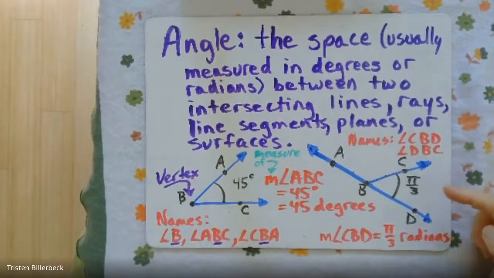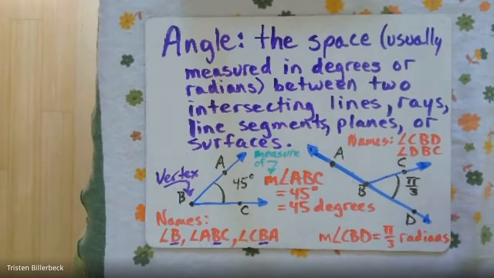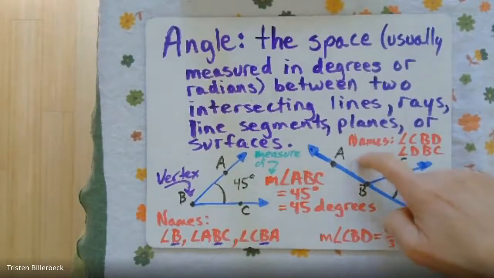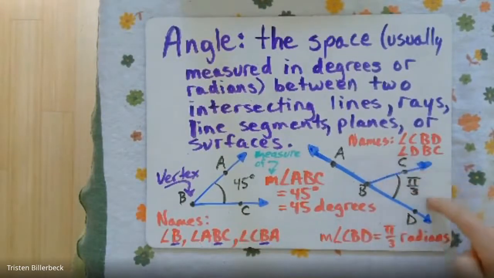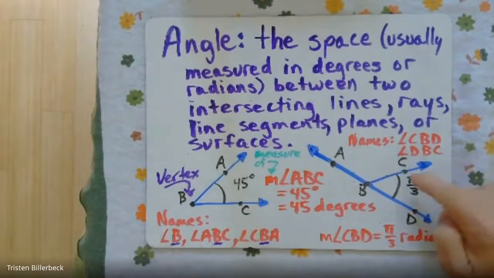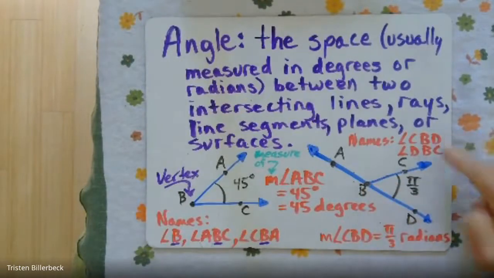For instance, if we had this angle here that we're looking at, we can't name it angle B, because angle B could be here or it could be here. So there's confusion. But we can name it CBD or DBC, as long as we keep the vertex in the middle of the three letters.